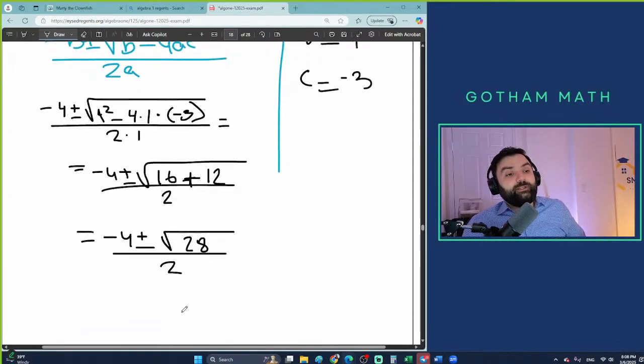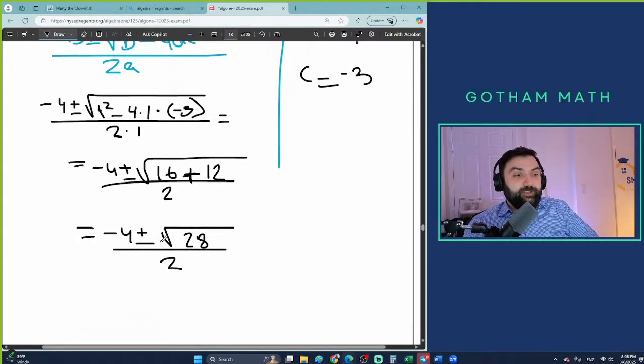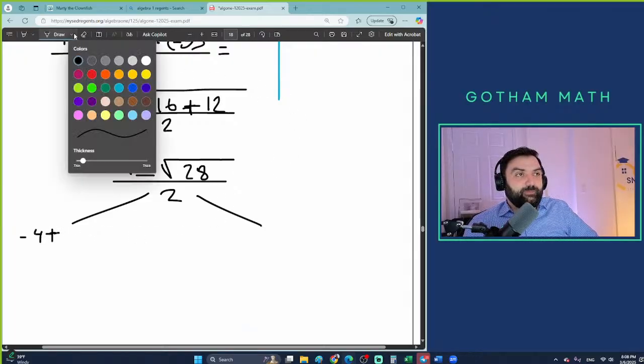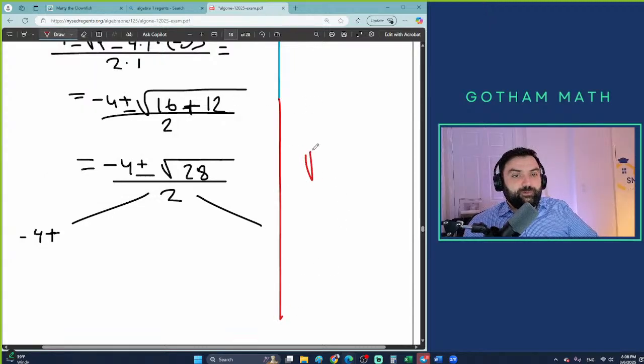Now you will need to split it into 2 fractions. One fraction will be negative 4 plus, and then we have to simplify. By the way, we can do it on the side. Simplify the square root of 28 by breaking this into square root of 4 and square root of 7.